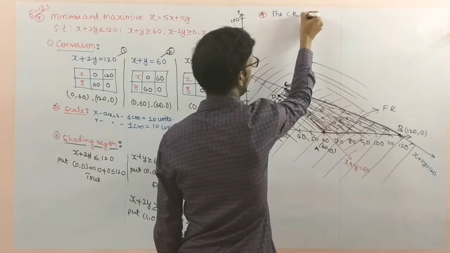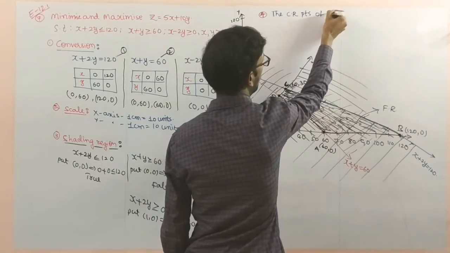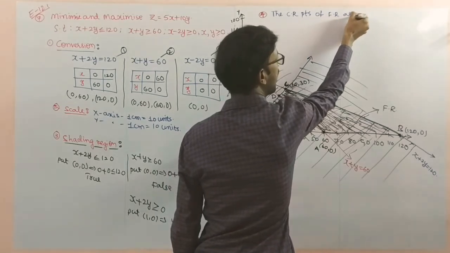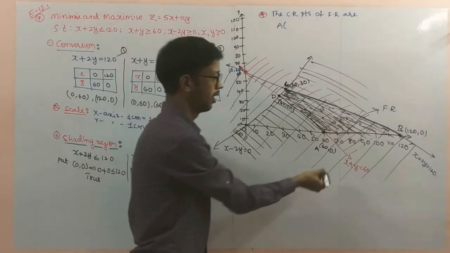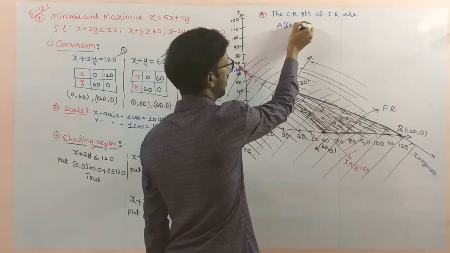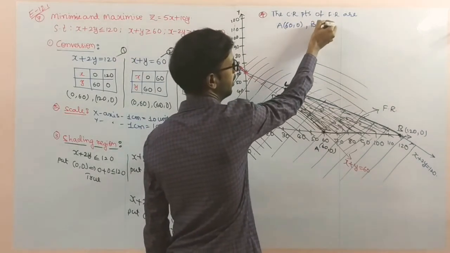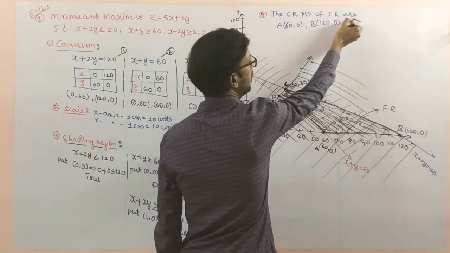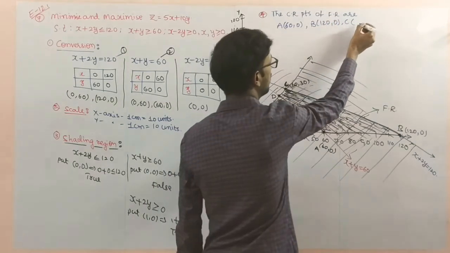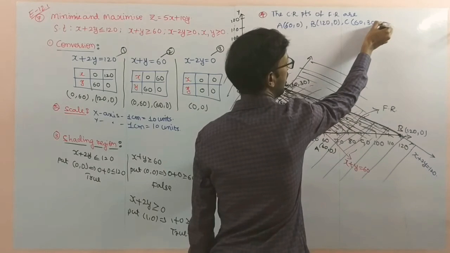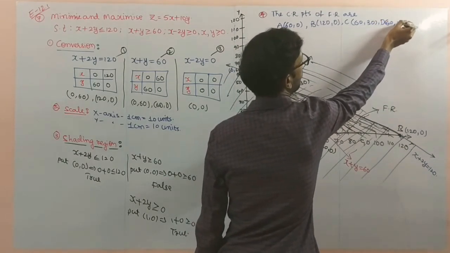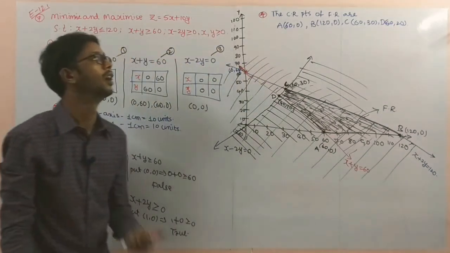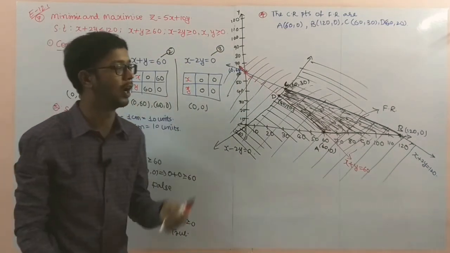The corner points of the feasible region are: point A, I am naming as 60, 0. B point is 120, 0. C point is 60, 30. And the last point, D point, is 40, 20. So this is the fourth point.